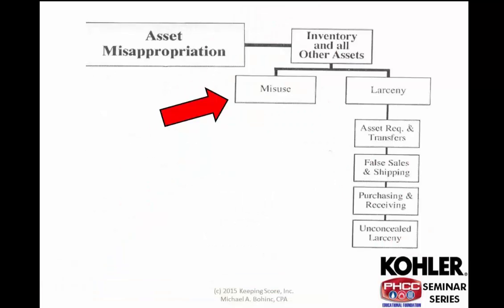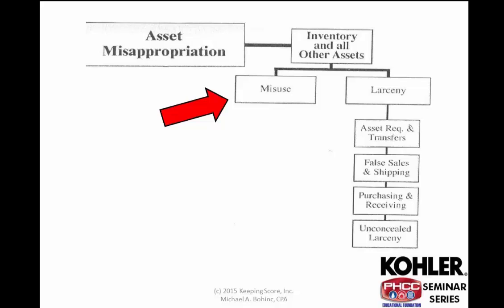So here's the section of the assets and the fraud schemes that we're going to look at this afternoon. Mostly relating to inventory, but it also relates to other company assets. So you see inventory, you could also consider capital assets, your trucks, your accounts receivable, your cash accounts, those kinds of things.